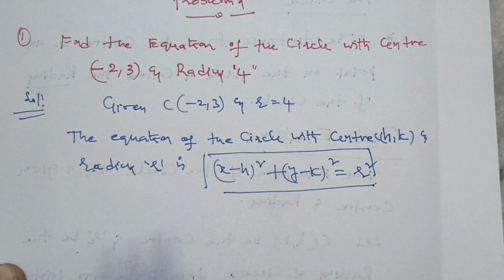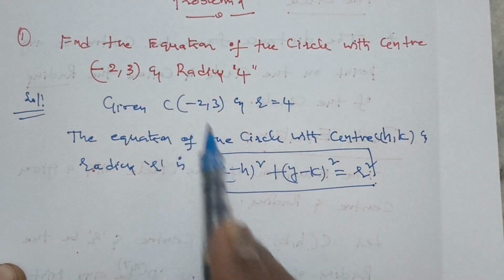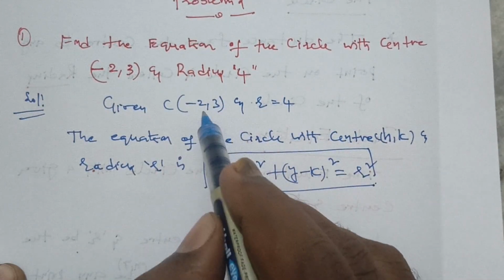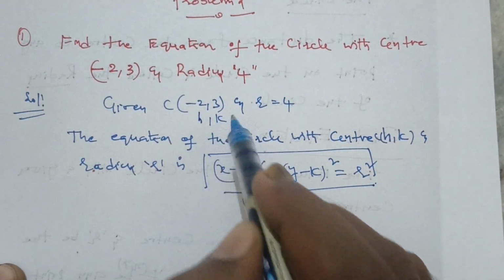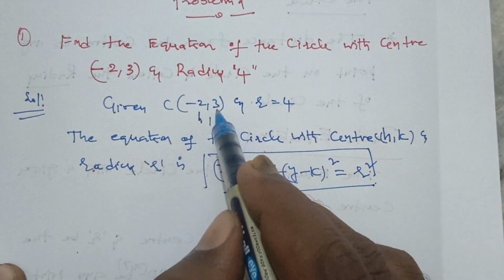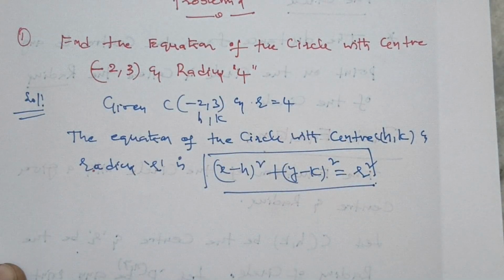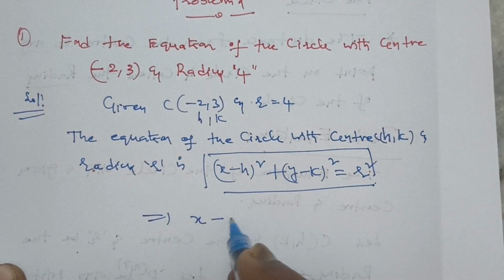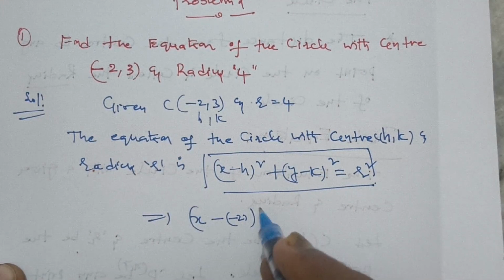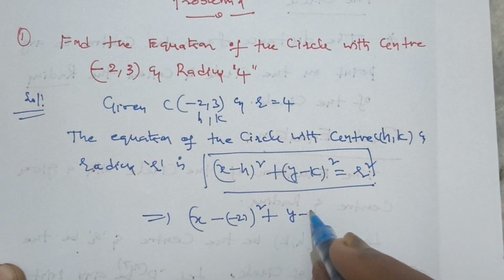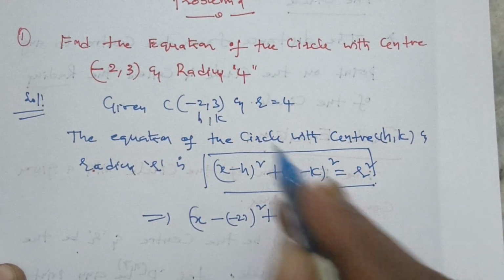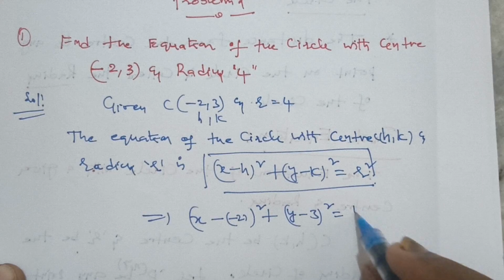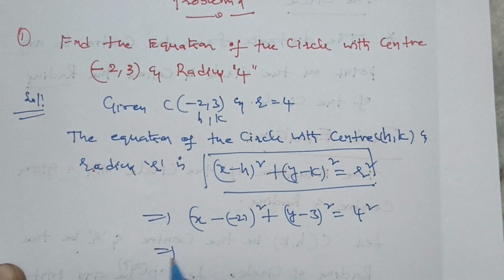So substitute the given center and radius r in the general form. Here the center can be chosen as h comma k and the radius r is 4. Now substitute: x minus h means x minus of minus 2 whole square plus y minus k means y minus 3 whole square is equal to r square means 4 square.